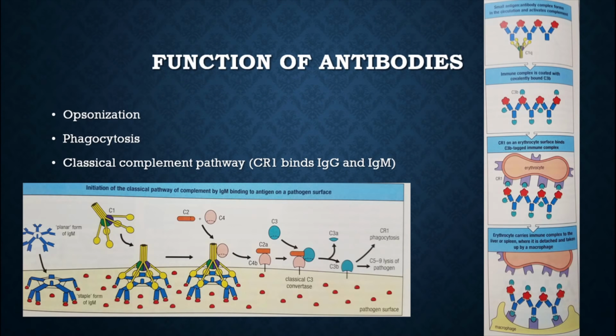All right, let's talk a little bit about the function of antibodies, because this is where it comes all the way full circle. Once we have an antibody that's made, specifically IgG, that antibody can then bind to a pathogen. When it does, we then can activate the classical complement pathway. This uses the IgG as a binding site for C1.